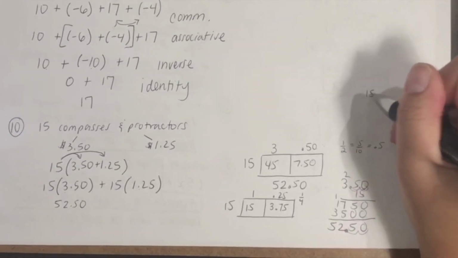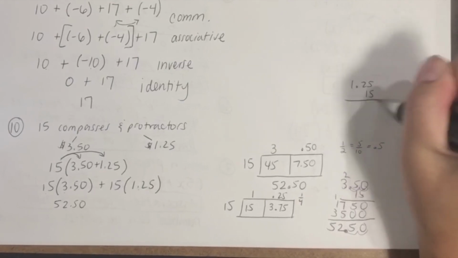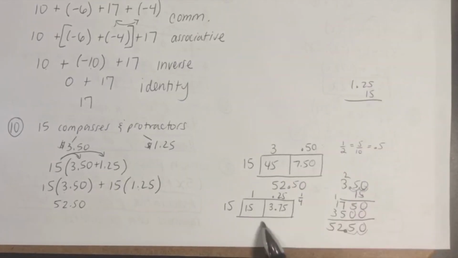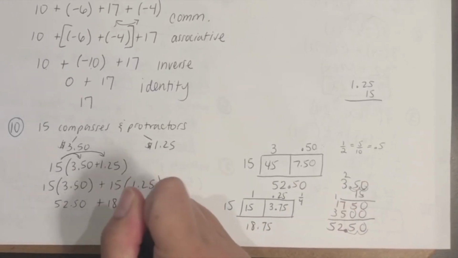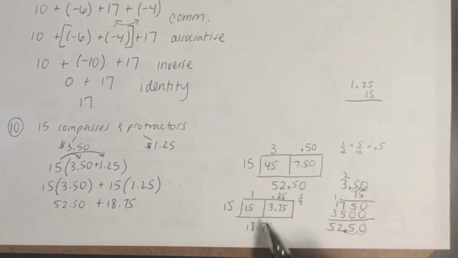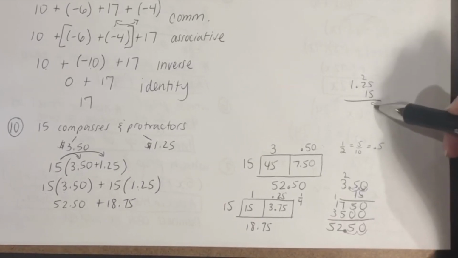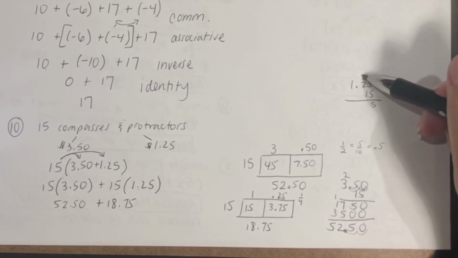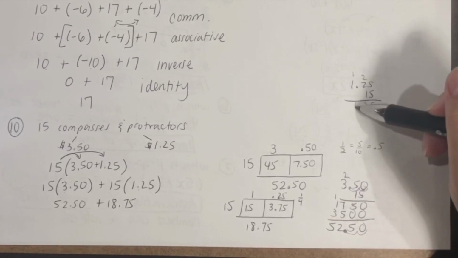If we do 15 times 1.25, I'll do that after I finish this. So 15 plus 3.75 is 18.75. So let's do it the other way to prove that my generic rectangle is working. 5 times 5 is 25. 5 times 2 is 10, 11, 12. 5 times 1 is 5, plus 1 is 6.